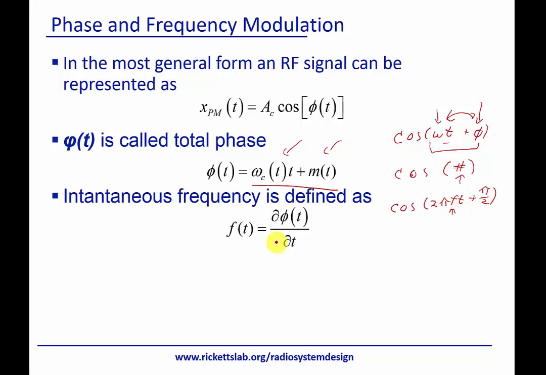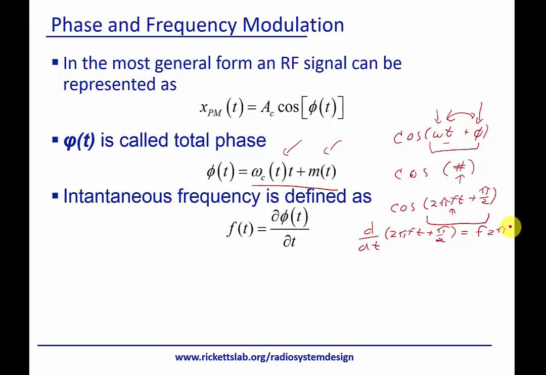Well, according to this, we take phi and we take the time rate of change of that. So d dt of 2 pi f t plus pi over 2 equals f, right? Actually equals 2 pi f, right? And so you can see right away that this is consistent with everything you've known before.